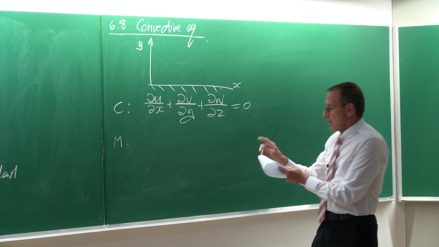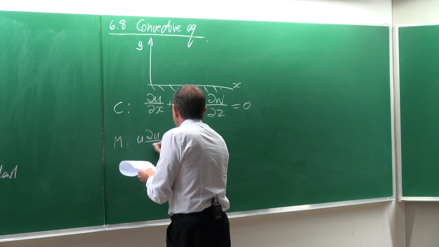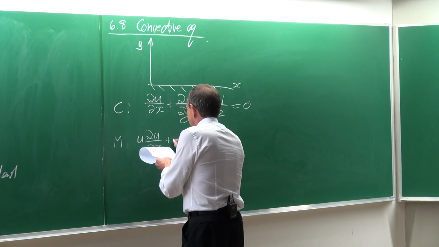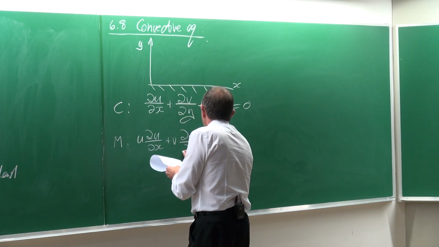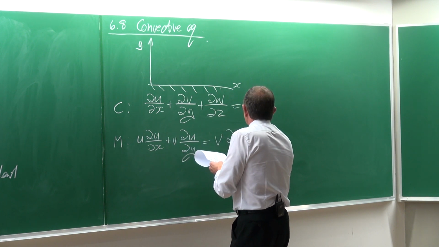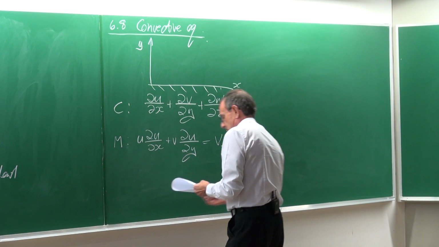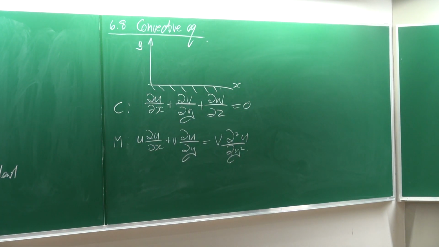The continuity one, the next one is the momentum one, is u du/dx plus v du/dy is equal to nu partial d2u/dy squared, the momentum equation, and the third one is the energy equation.